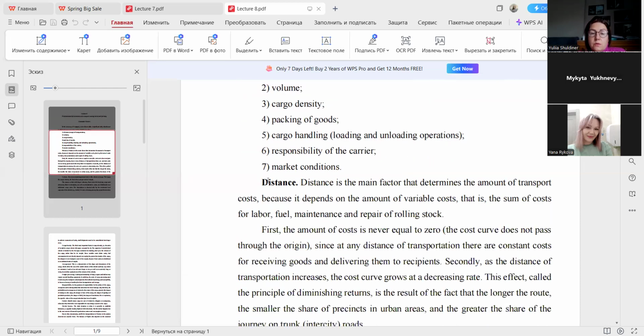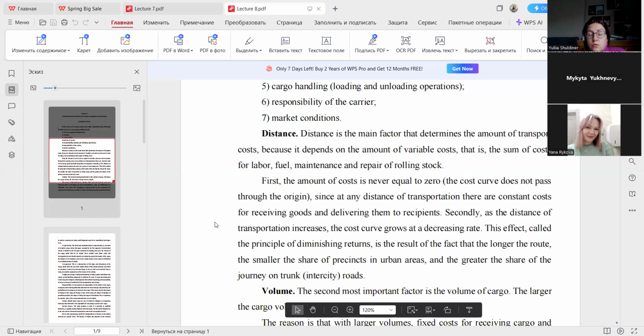A little more about distance. Distance is the main factor that determines the amount of transport cost because it's dependent on the amount of variable cost, that is the sum of cost for labor, fuel, maintenance, and repair of rolling stock.